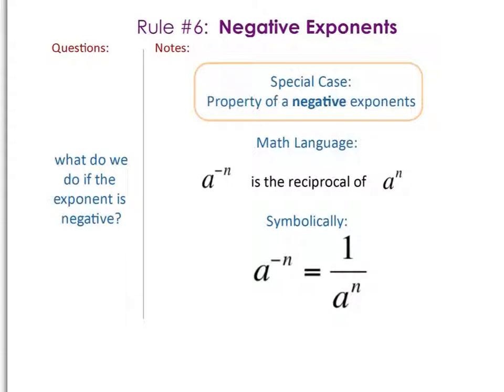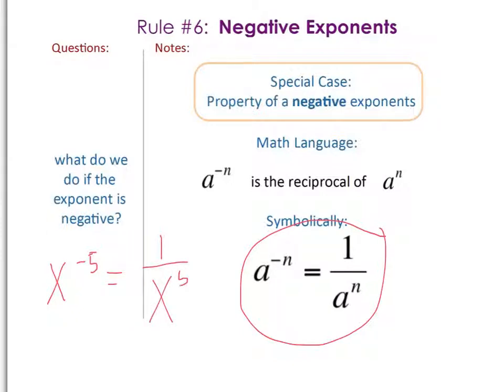So if we think symbolically, because sometimes that helps me more to see things visually, a to the negative n is just 1 over a to the n. So in my last example, I had x to the minus 5. That would become 1 over x to the positive 5.